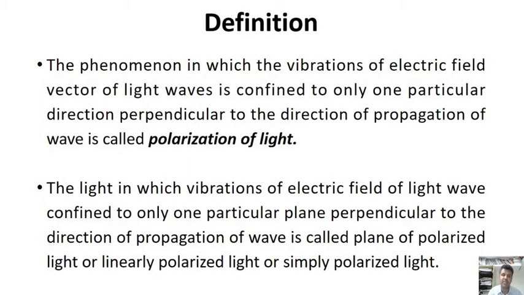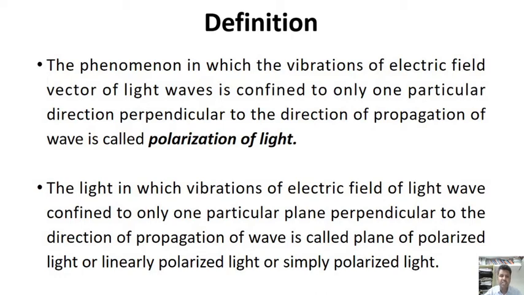Next, the definition of polarization. The phenomenon in which the vibrations of the electric field vector of light waves are confined to only one particular direction perpendicular to the direction of propagation of the wave is called polarization of light.